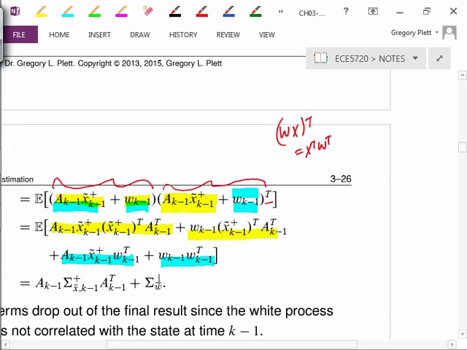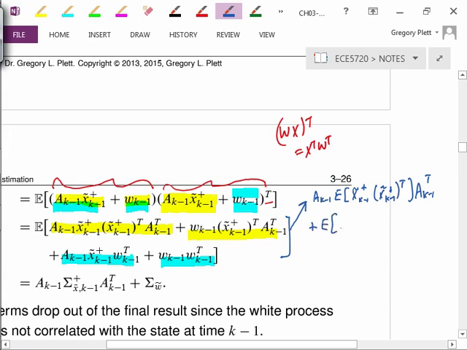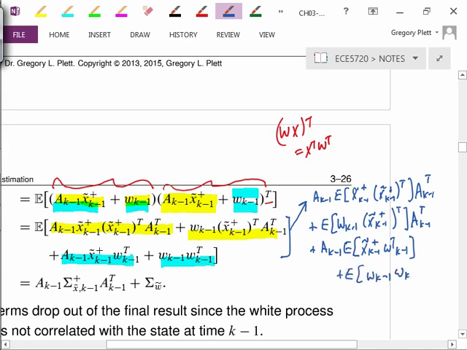We can take advantage again of linearity of expectation to write all of this as A_{k-1} times expected value of x̃_{k-1}⁺ x̃_{k-1}⁺ transpose times A_{k-1} transpose plus expected value of w_{k-1} x̃_{k-1}⁺ transposed all times A_{k-1} transpose plus A_{k-1} times expected value of x̃_{k-1}⁺ w_{k-1} transpose, finally plus expected value of w_{k-1} w_{k-1} transpose.